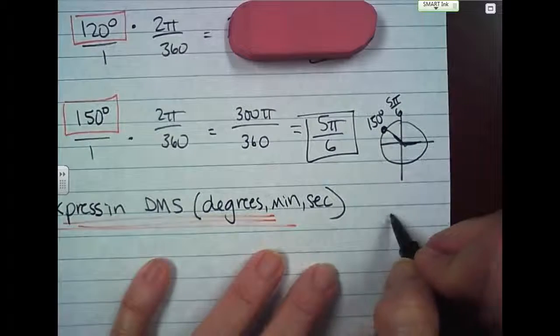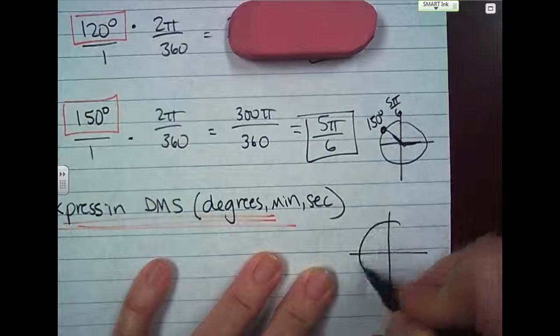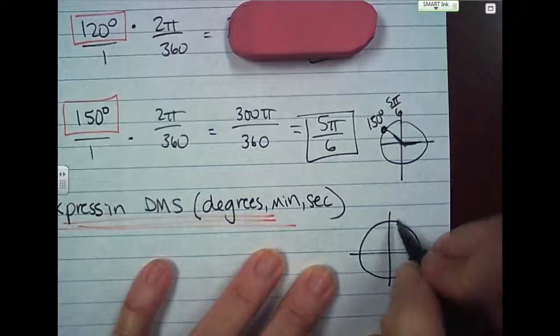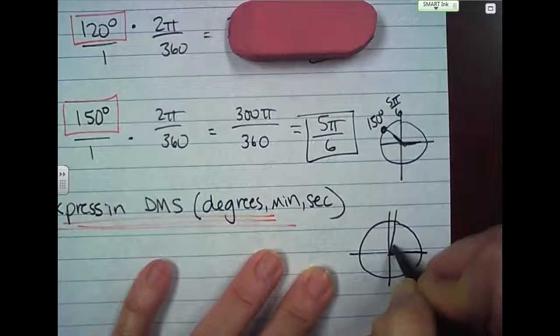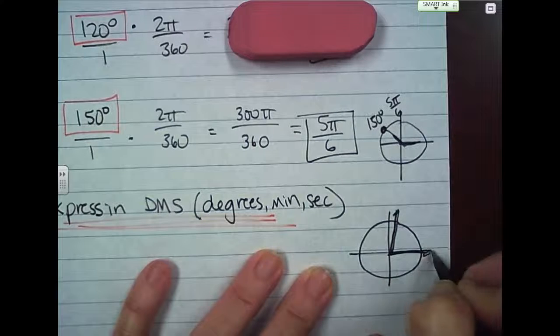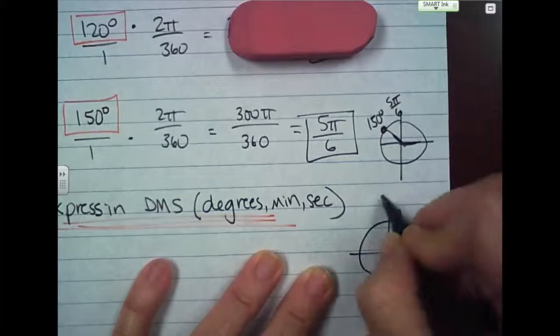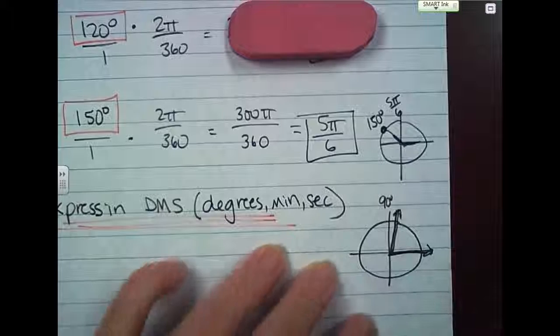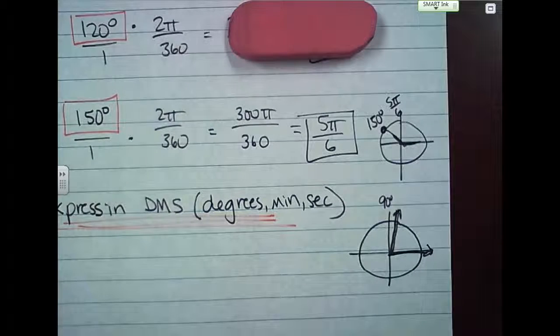Now here's my problem. On a unit circle, what if I wanted to go, for example, right here, this angle? If this is 90, and I want to go between 90 and 89. Is there anything between 89 and 90 on the number line? Yes. Absolutely.